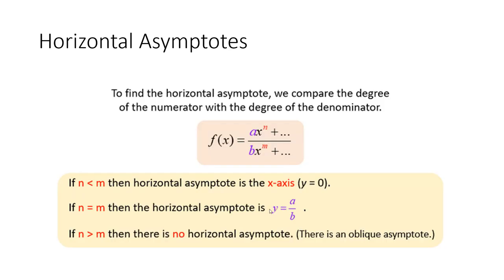There's a horizontal asymptote at a over b, so the ratio of the leading coefficients, if the degrees are equal. And then there's no horizontal asymptote, but there is an oblique asymptote if the degree of the numerator is bigger than the degree of the denominator. So we use these rules to determine where the horizontal asymptote is. Please make sure you have these copied down in your notes.